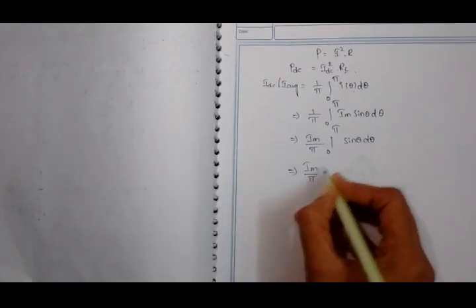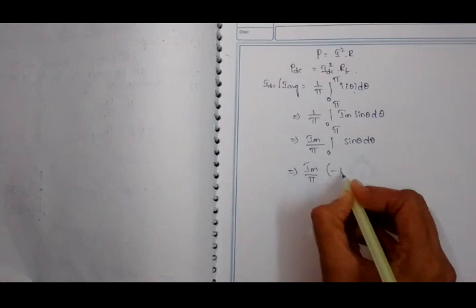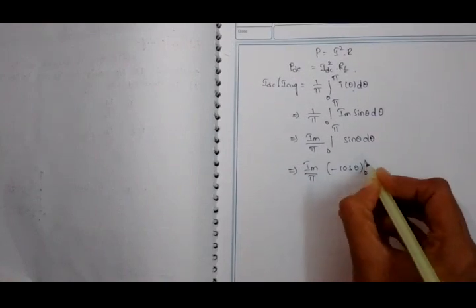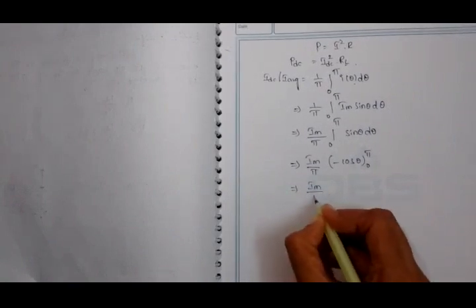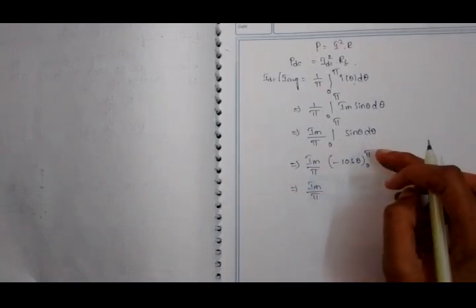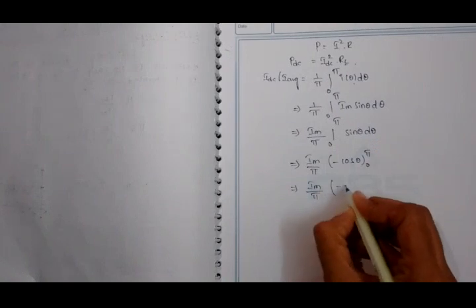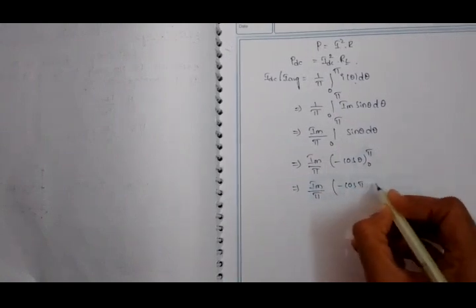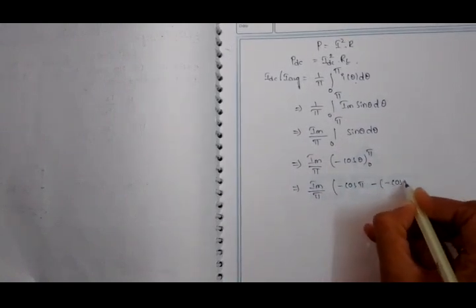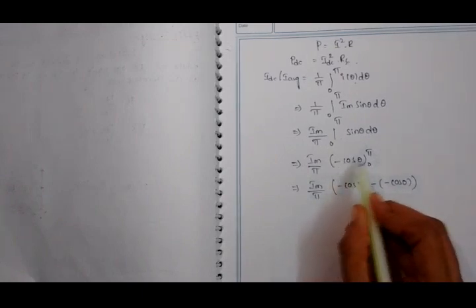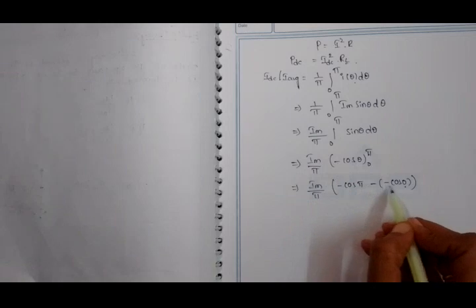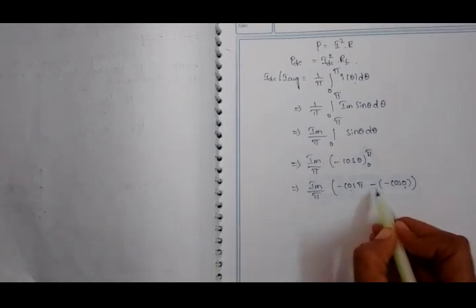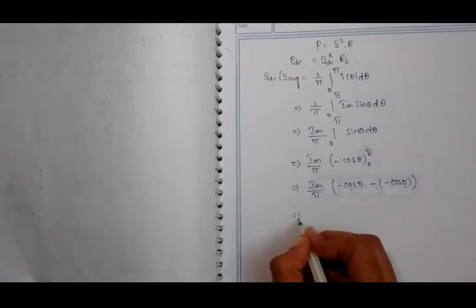Im by pi, the integral of sin theta is minus cos theta, 0 to pi. Now just apply the limits, upper limit minus lower limit: minus cos pi minus cos 0.